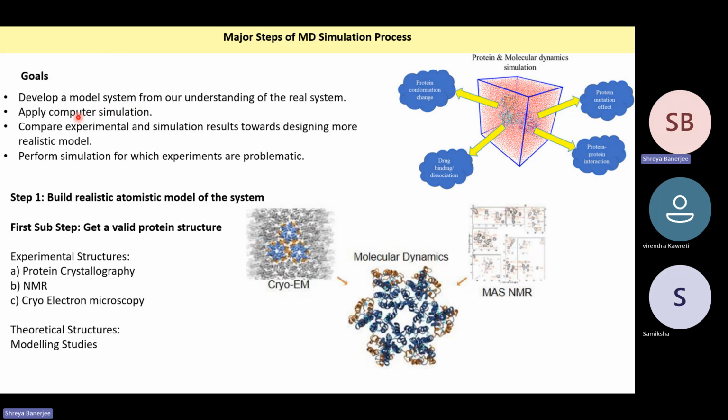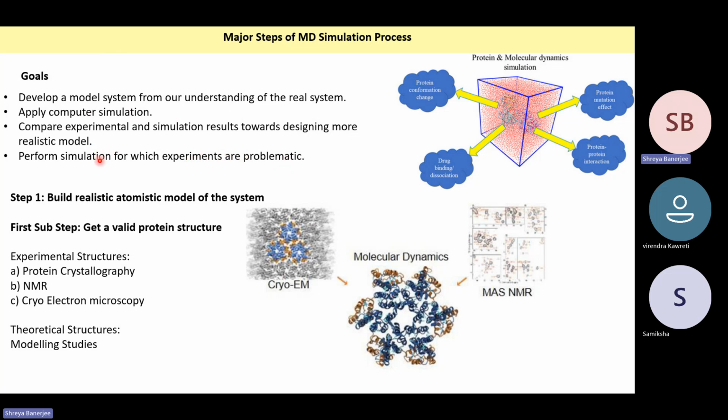Then we apply computer simulation and we compare the experimental and simulation results. If the simulation result is very much different from experimental results, then we improve the simulation conditions or we improve the initial model. And in some cases where experiments are not possible, we perform simulation.